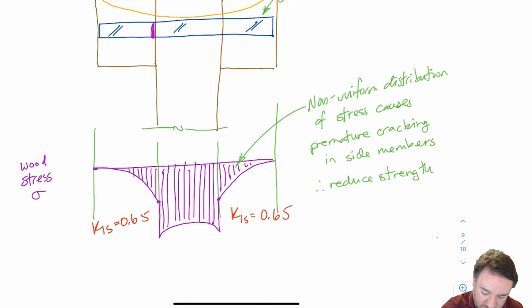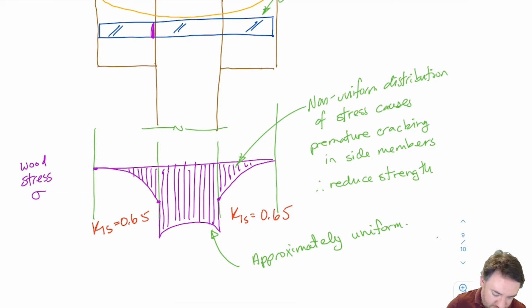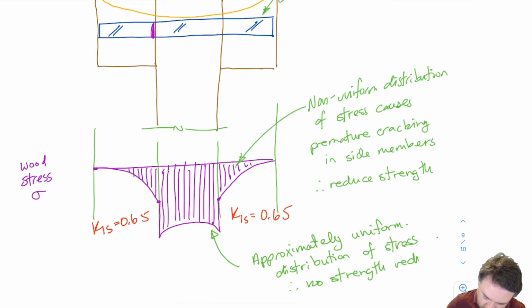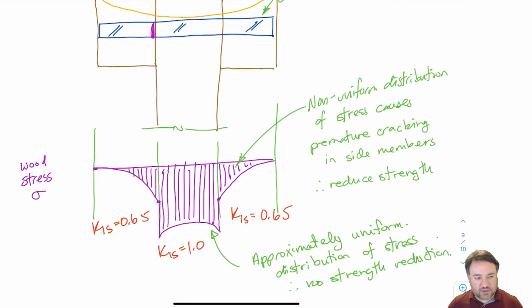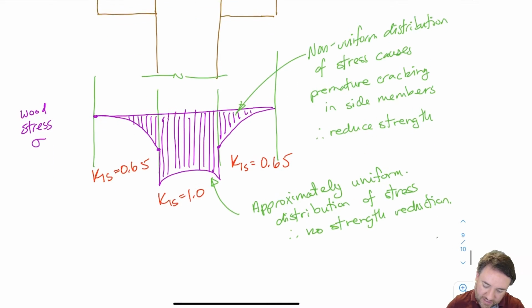Now for the one in the middle, it is more or less approximately uniform, certainly by comparison, so for the center member, my KLS is going to be 1.0. So for 3-member connections, the one in the middle has a KLS of 1.0, and the ones on the outsides have a KLS of 0.65. And that's basically all you need to know.